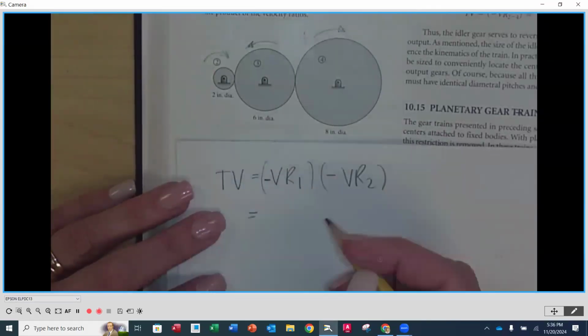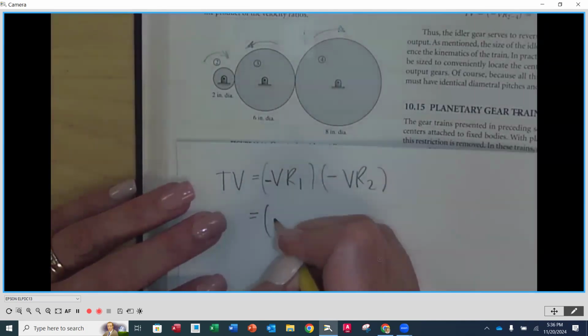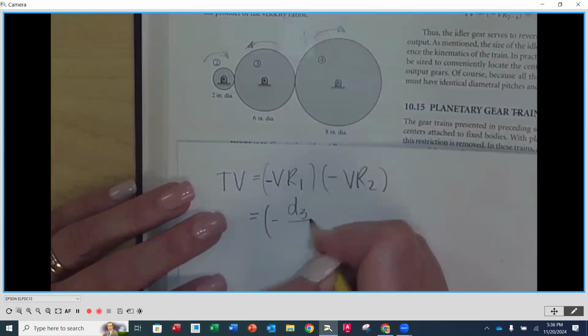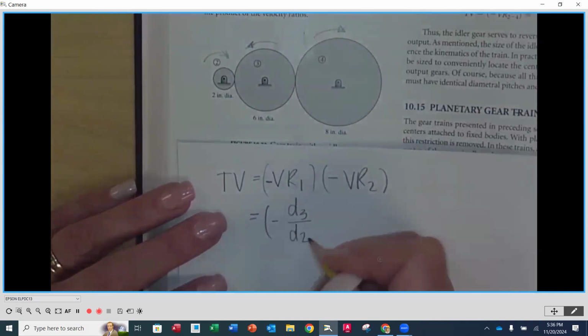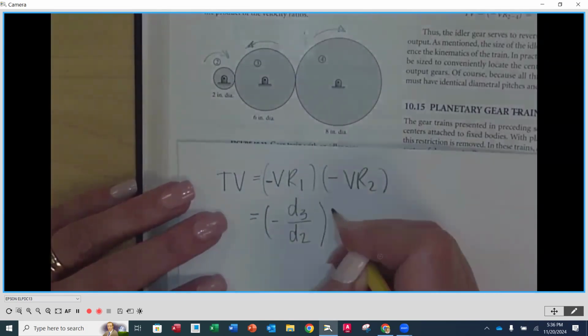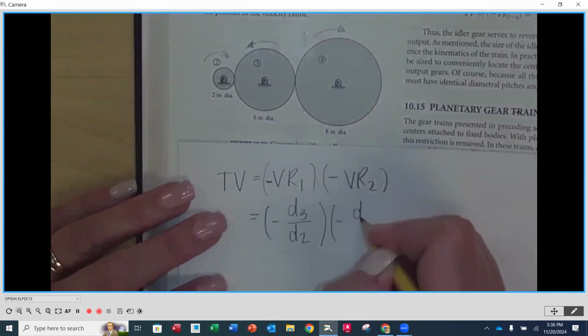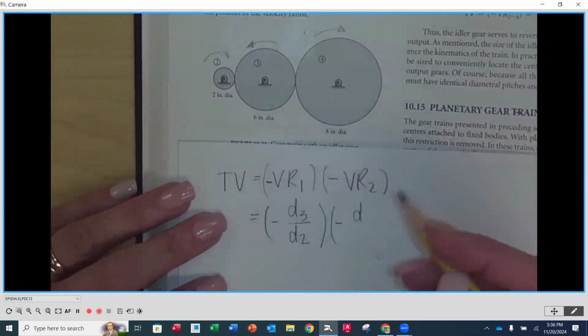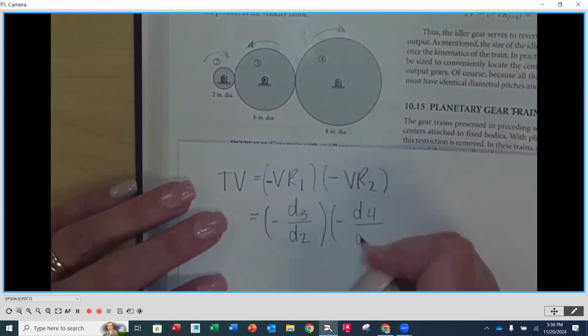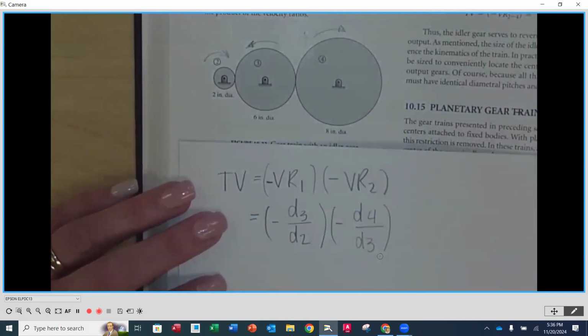We can also find the velocity ratio by taking the gear, D3, divided by the pinion, D2, which are the pitch diameters. They give us the pitch diameters for each one of these, that's why I chose the diameters. Times the negative, and this time our gear is diameter 4 divided by diameter 3.